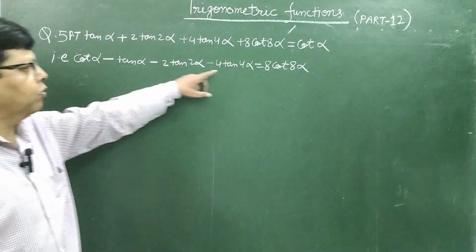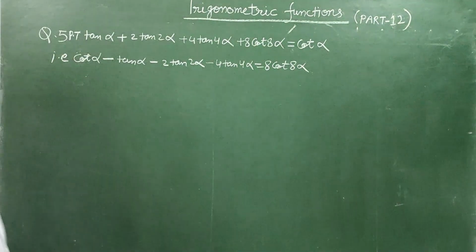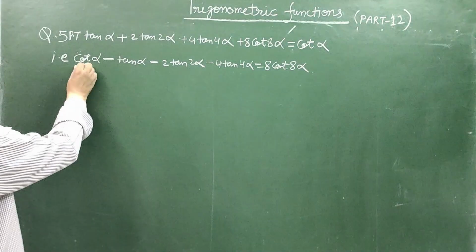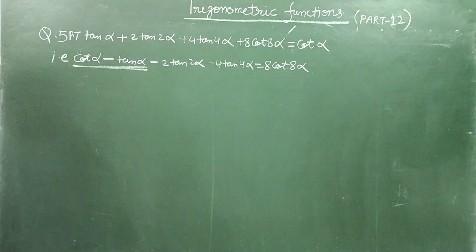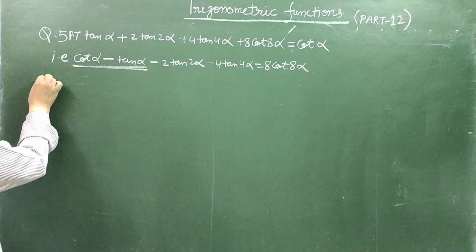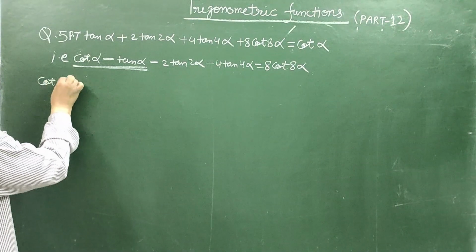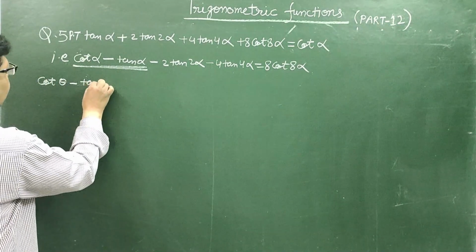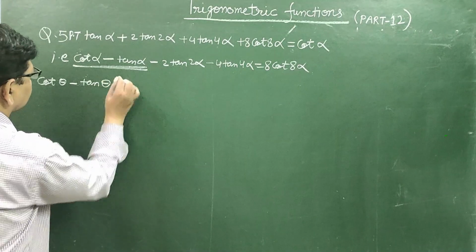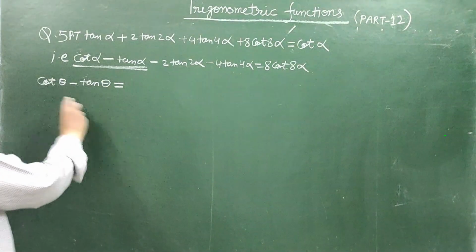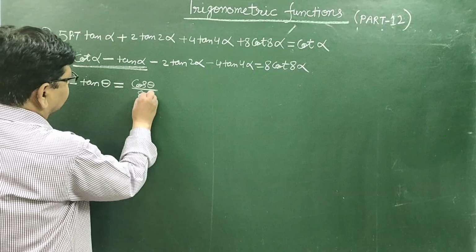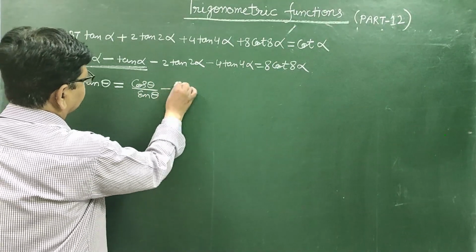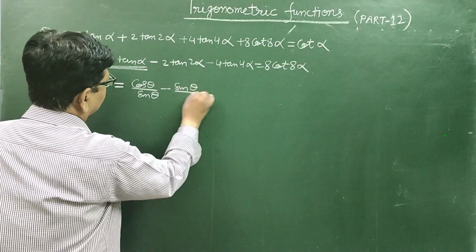For getting this result, here we have this form, cot alpha minus tan alpha. So for that, you know this identity, cot theta minus tan theta is equal to, cot theta is cos upon sine and tan theta is sine upon cos.